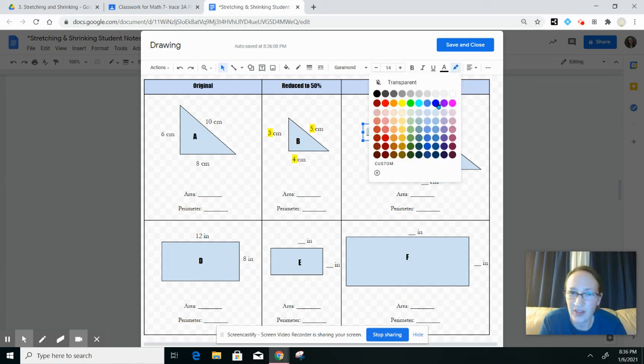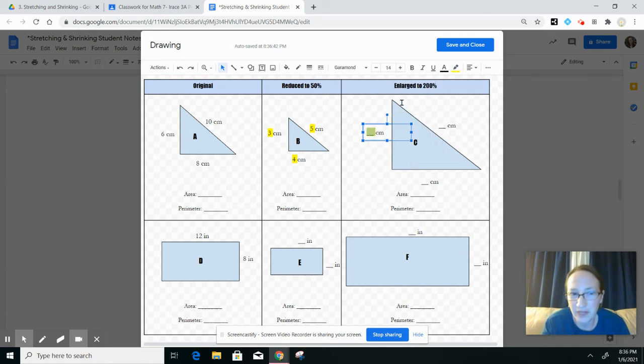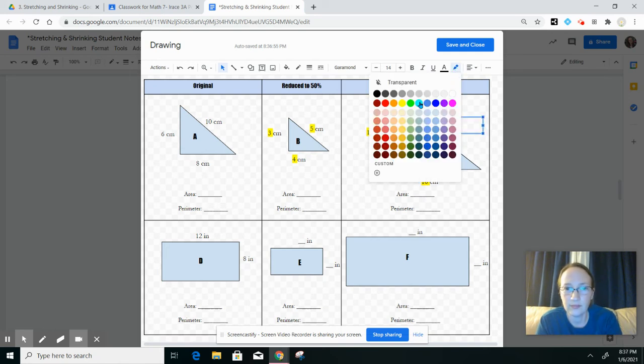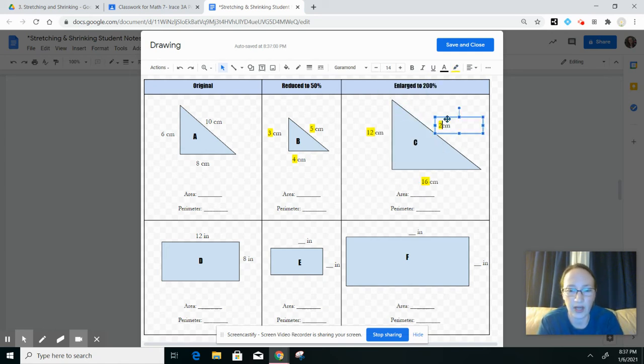The other way that you can think of this is obviously doubling. So we're going to double our corresponding sides. We're going to double 6 to get 12. We're going to double 8 to get 16. We're going to double 10 to get 20. Okay.